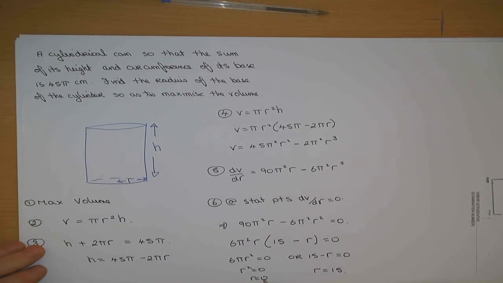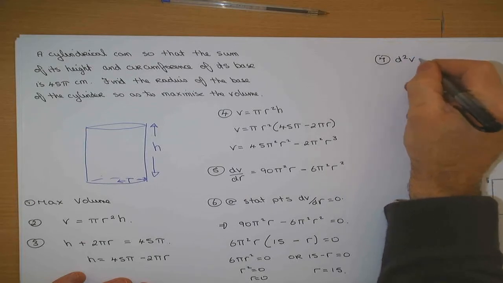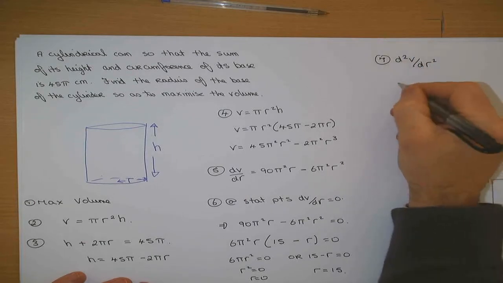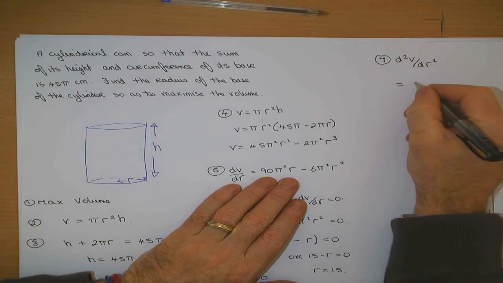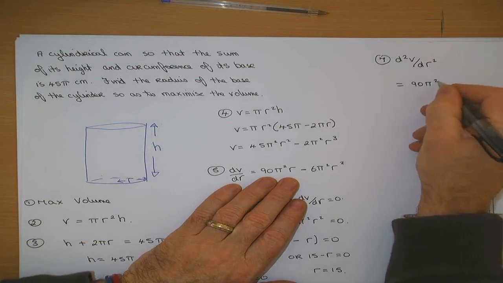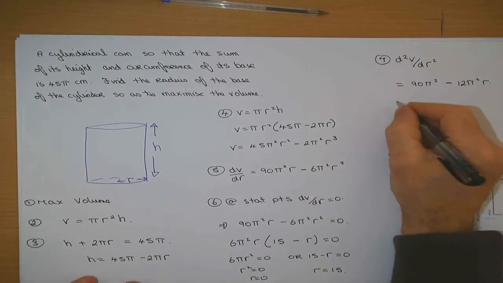Now if the radius is 0, what will that give me? The minimum value. And if the radius is 15, I have to prove that. So to prove that, I must get d2V/dr squared. So differentiate that. It will become 90 pi squared minus 12 pi squared r.